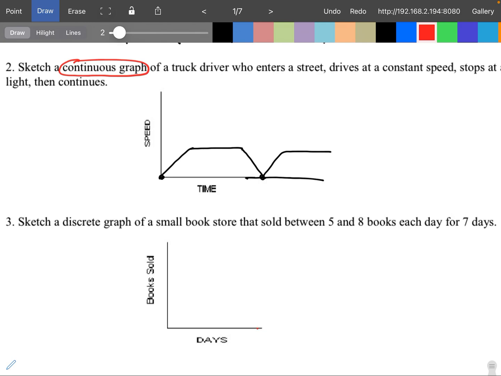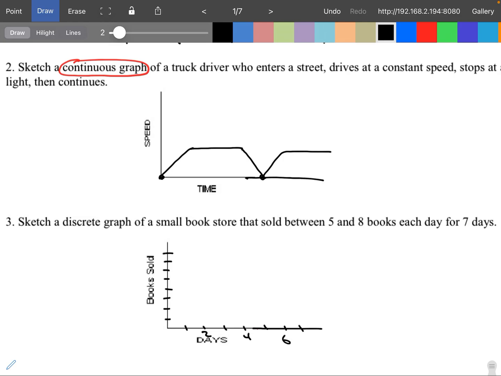So again, note that on the y-axis you got the number of books sold, on the x-axis you got the number of days. So you got 7 days, right? So you do something like, maybe I'll extend this a little bit again. Oops, I didn't want that color. So you got 1 day, 2 days, 3 days, 4 days, 5 days, 6 days, 7 days. So here we'll put 2, 4, 6.